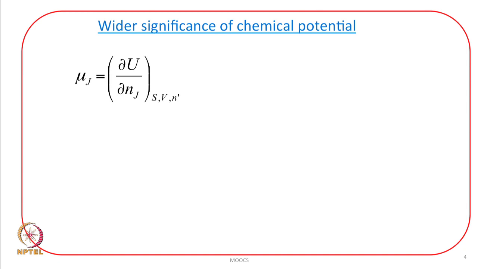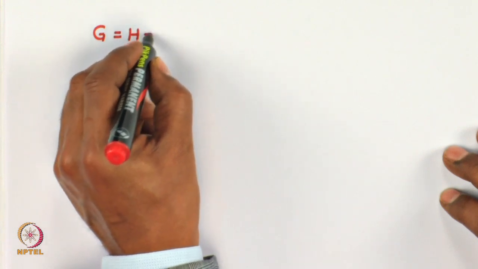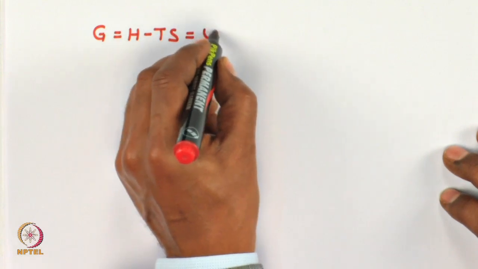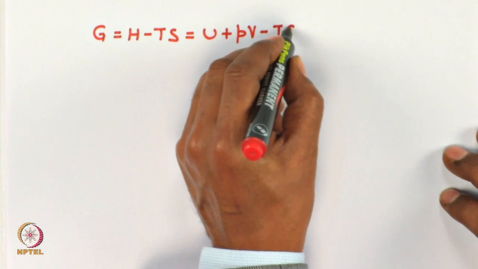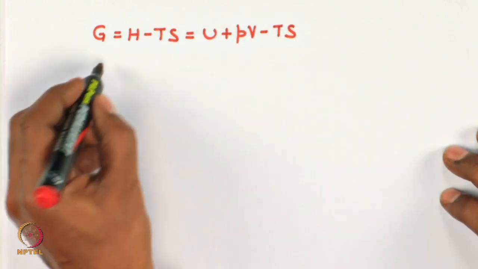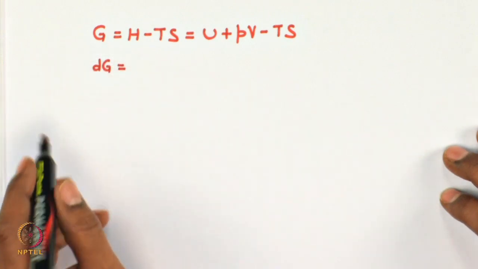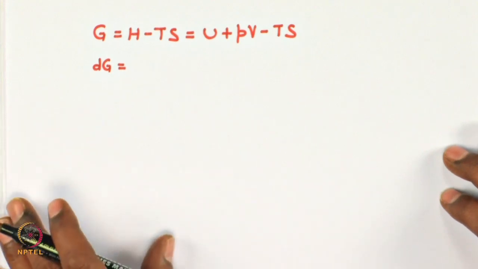I will start with G. G is equal to H minus TS, which is equal to U plus PV minus TS, since H is equal to U plus PV. Now, I will let the reaction proceed by a small amount, or the free energy change by a small amount as a result of the change in composition.